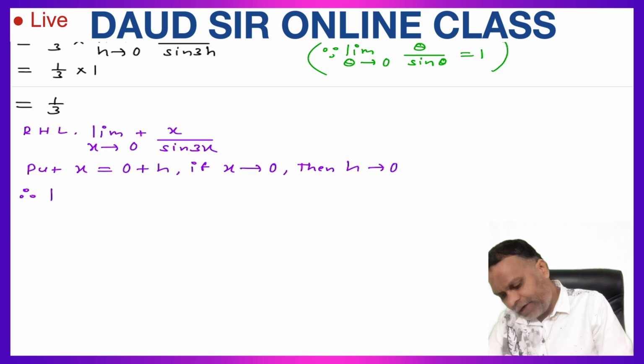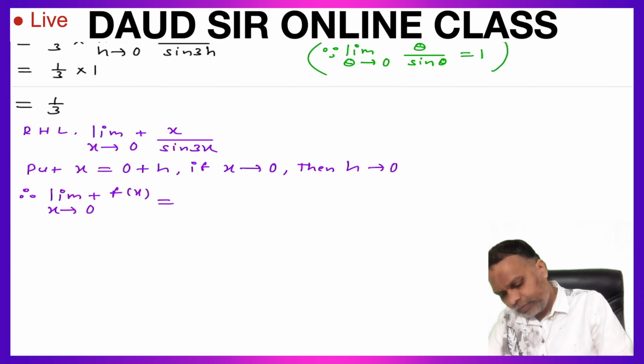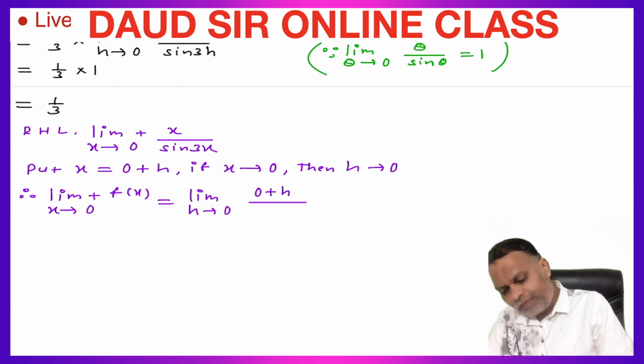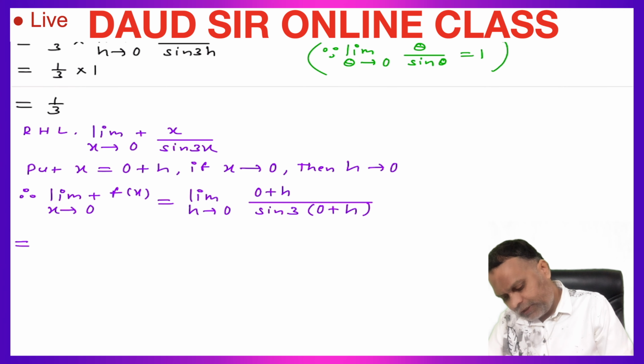Therefore, right hand limit will become limit x tends to 0 plus f of x is equal to limit h tends to 0, (0 plus h) upon sine 3 into (0 plus h). Simplify this, which is equal to limit h tends to 0, h upon sine 3h.